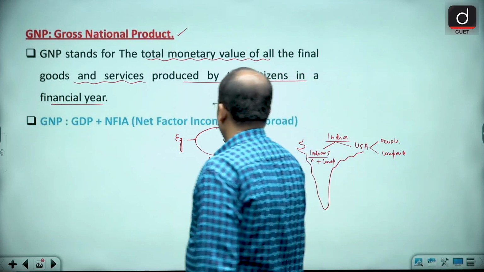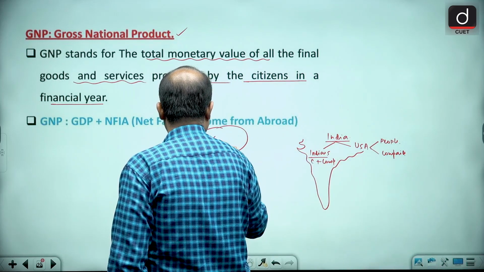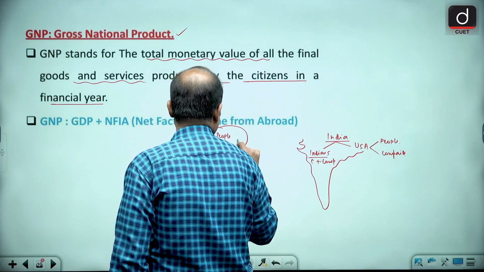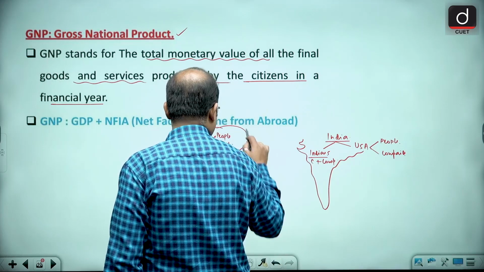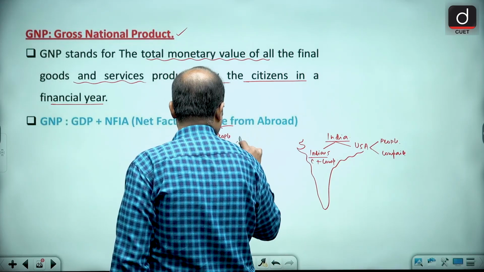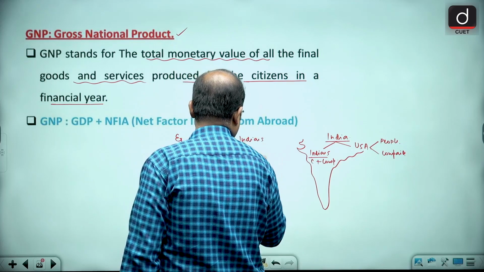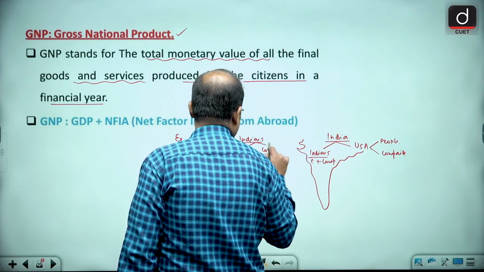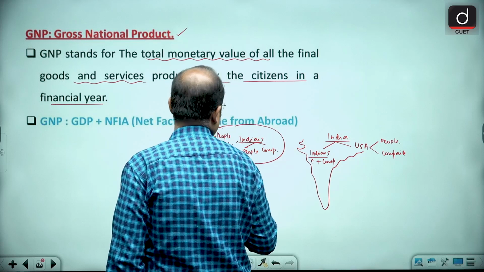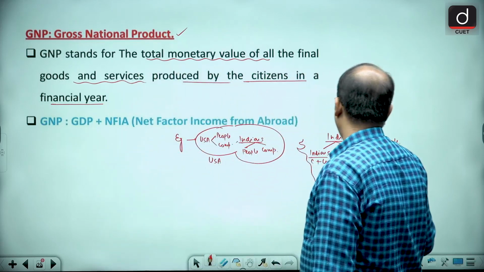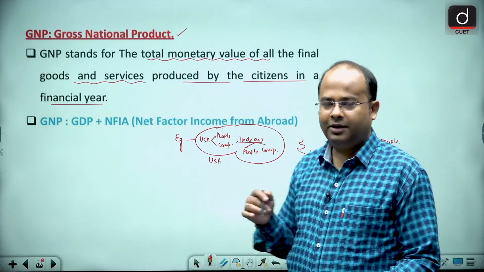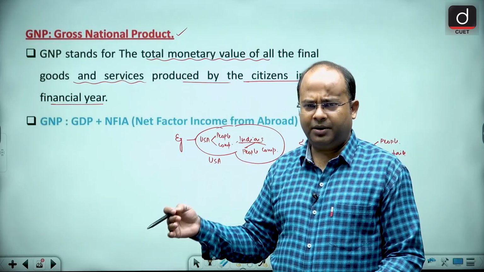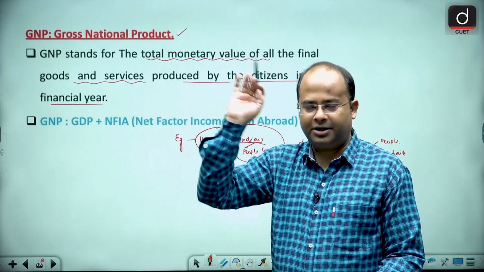And in USA, you have the US people plus companies, plus you have Indians, people and companies, the branches of Indian companies in the US. Now guys, whatever the people of US earn in India, whether people or companies, they will send some part to their country.